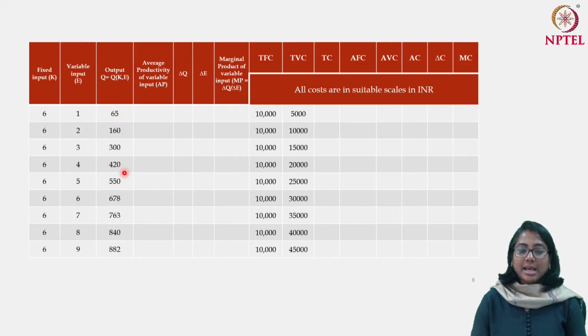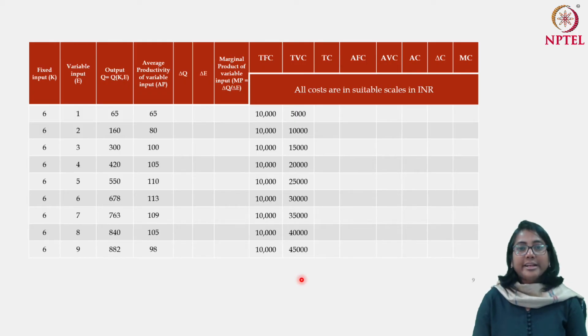It just increases as we go on adding more fuel in the production process, and 9 units of variable input along with 6 units of fixed input is producing 882 units of output. Now you can also relate to the fact that this increase in output is associated with some total fixed cost and some increasing total variable cost.